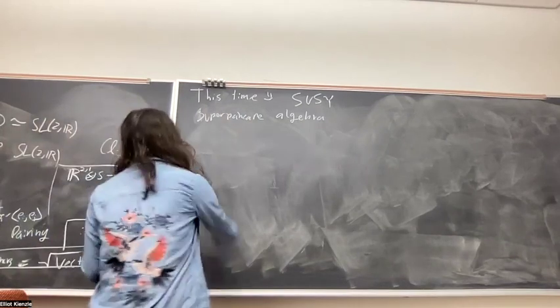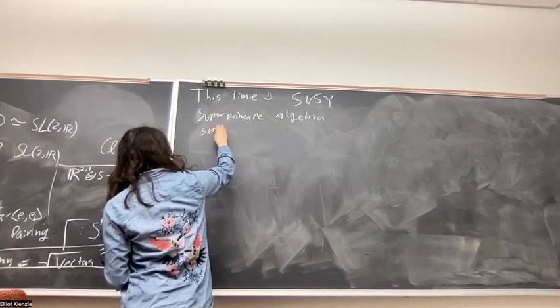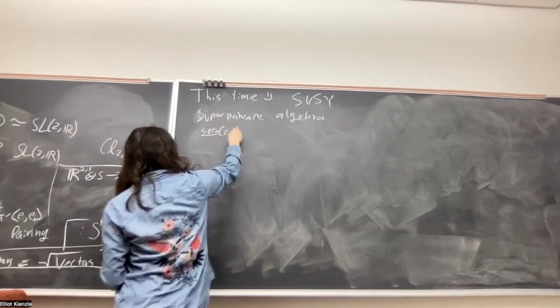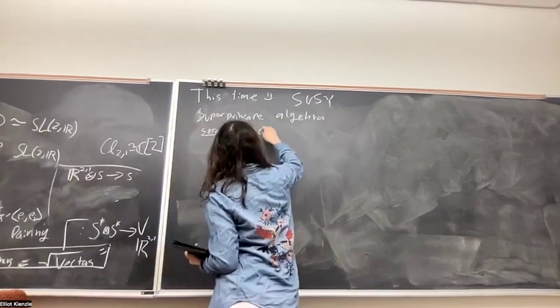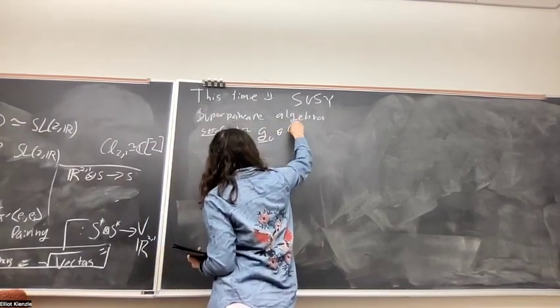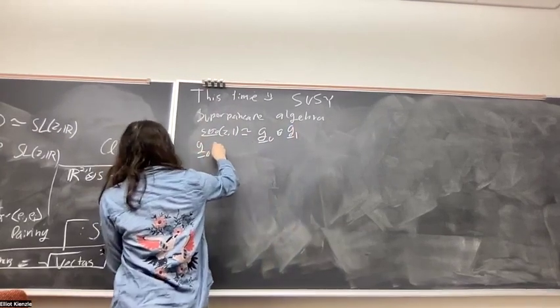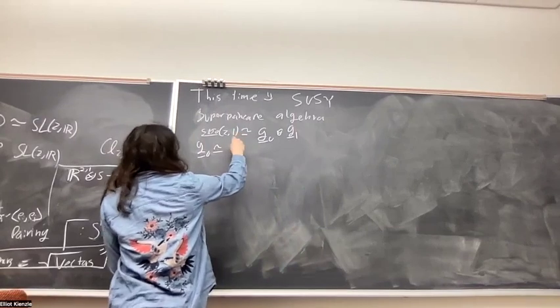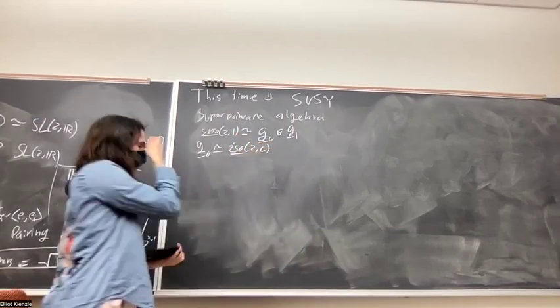This is a supersymmetry, an extension of the Poincaré algebra, which was ISO(2,1). We're extending it to be a super algebra. So let's see what we get. We have the even part and the odd part. The even part is just going to be the regular Poincaré algebra, ISO(2,1).